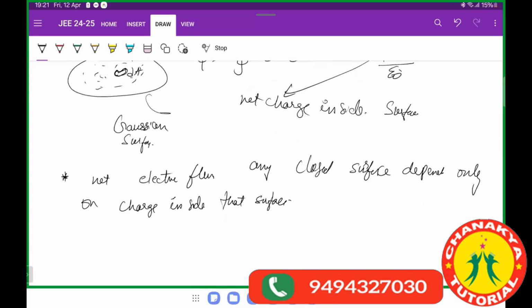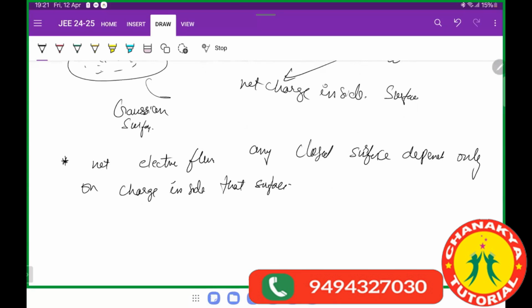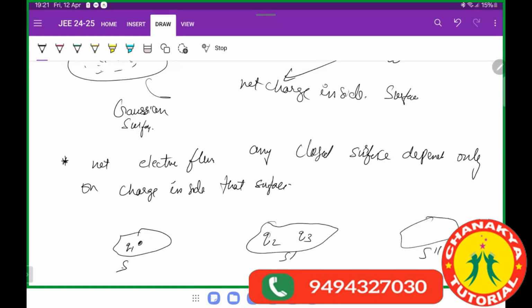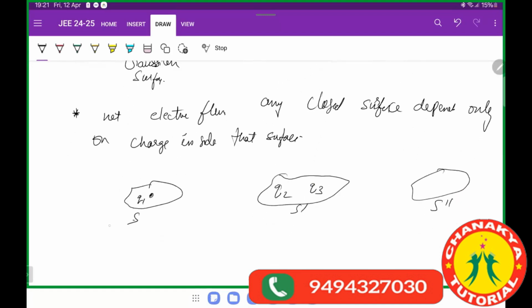So if I take some surfaces here, with charges Q1, Q2, Q3, and surfaces S, S dash, S double dash. In the first case, net flux will be Q1 by epsilon naught. For the second case, it will be Q1 plus Q2 by epsilon naught.